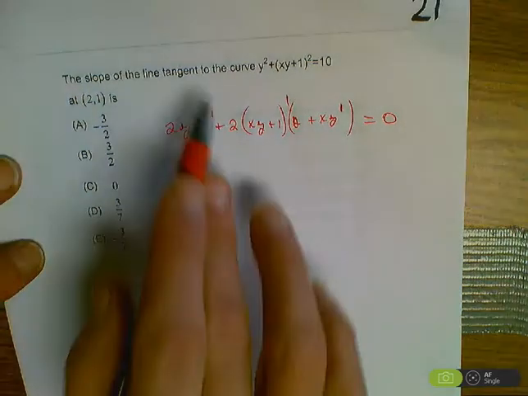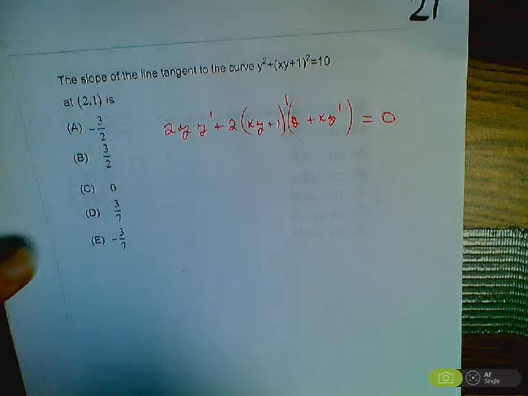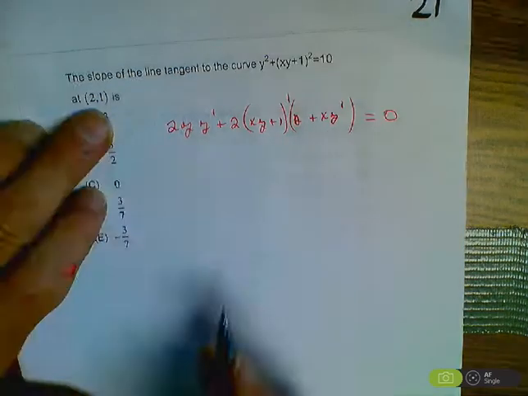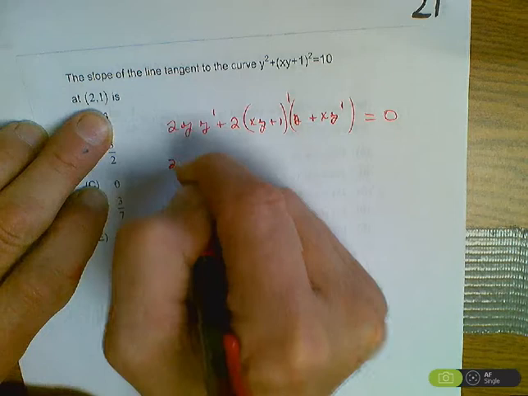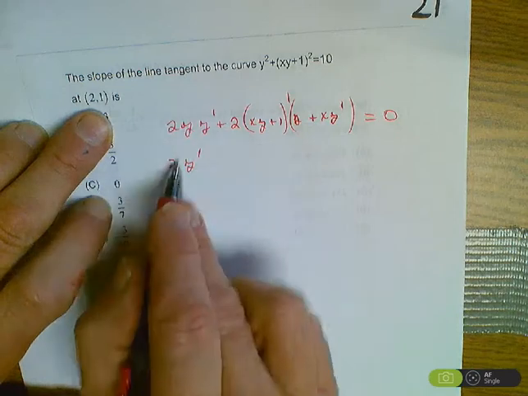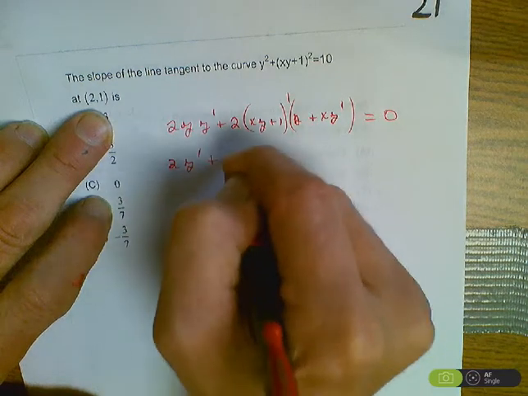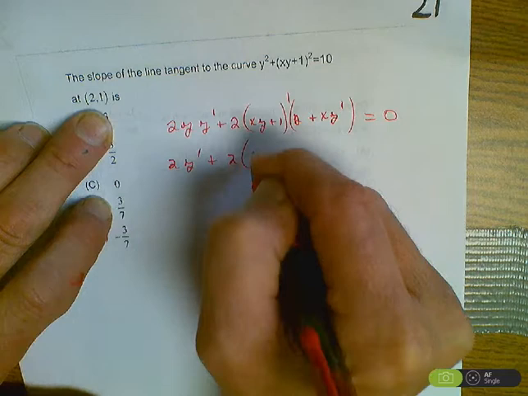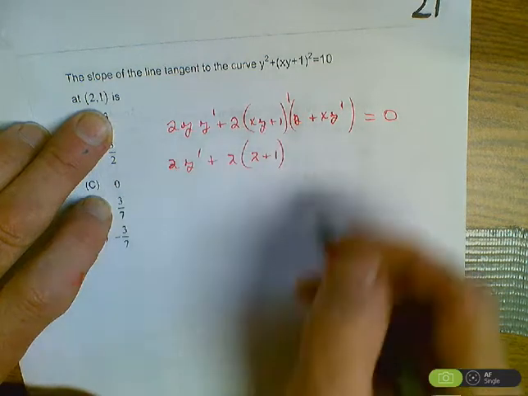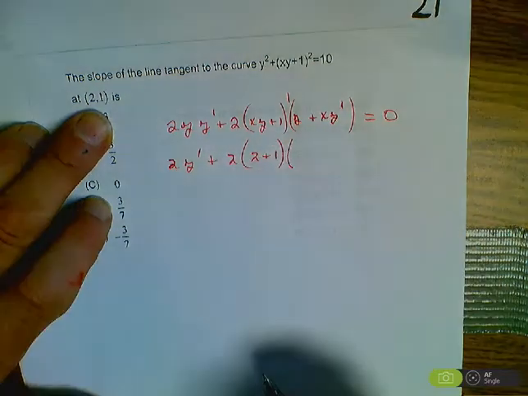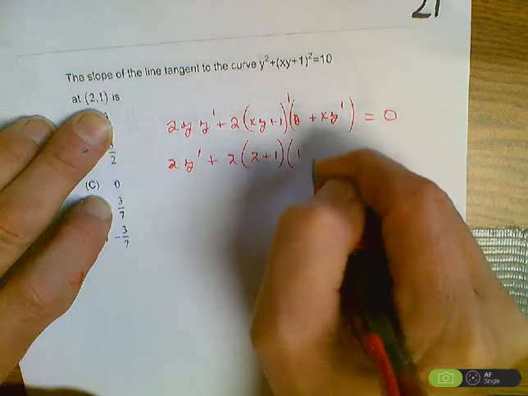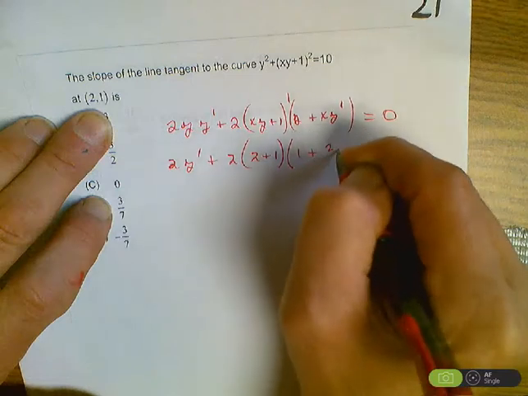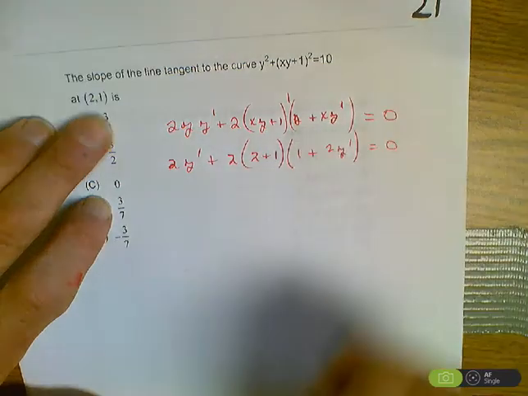Okay, now we're taking the slope of the tangent line. I'm solving for y prime. I'm going to put in my numbers here. 2y prime, because I put in 1 for y, plus 2 times x times y is 2, plus 1 times, then y is 1 plus x is 2, times y prime equals 0.